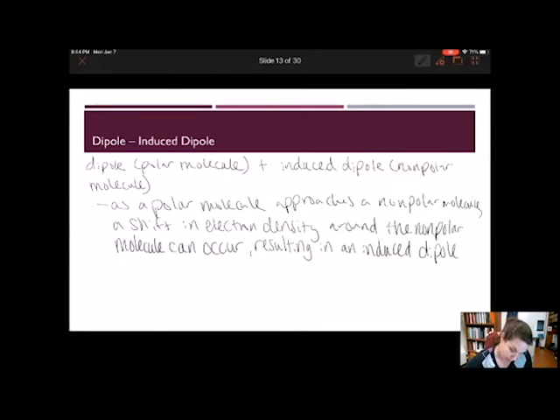This is a weak interaction, between 2 and 10 kilojoules per mole. And it kind of looks like this.